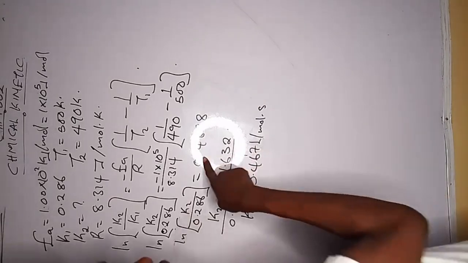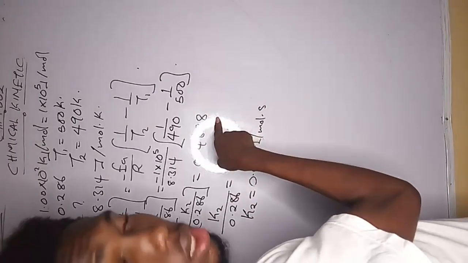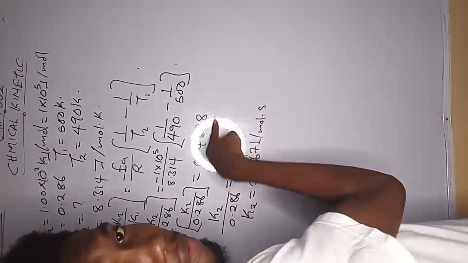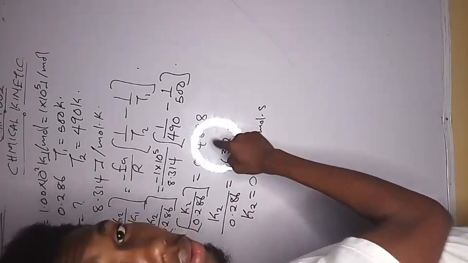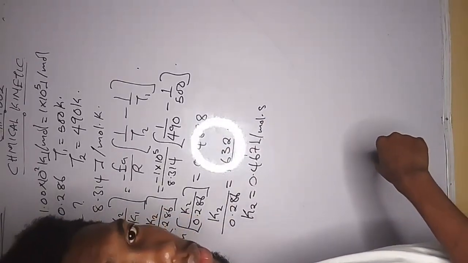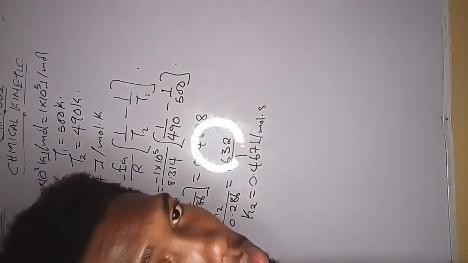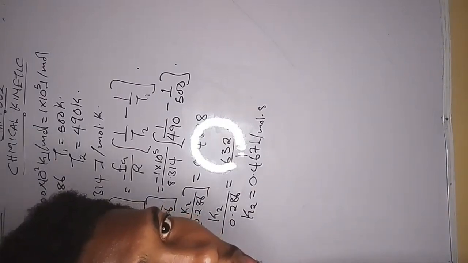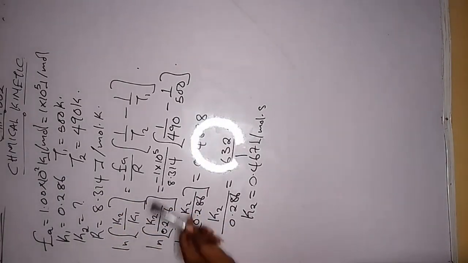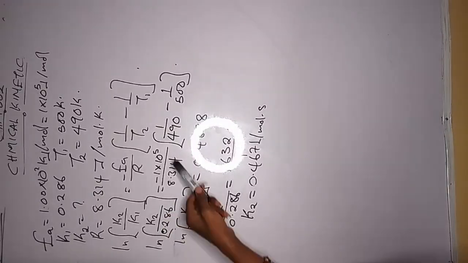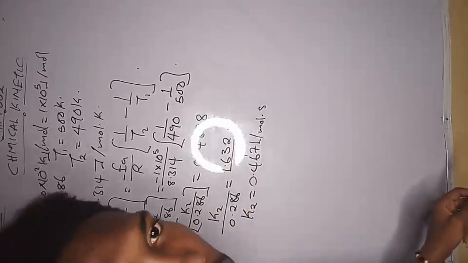So this value here, is this 0.4898? Or is it a different value that is here? EA over R, EA over R. And what's wrong with it?